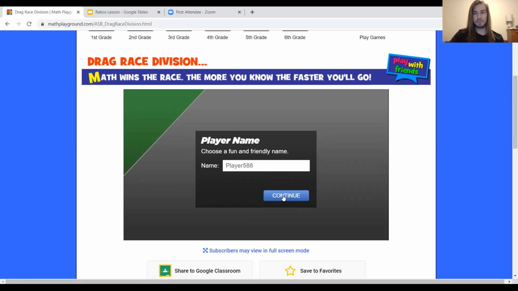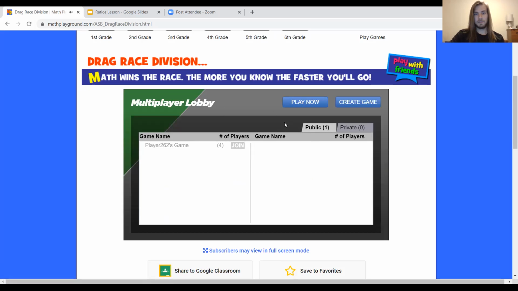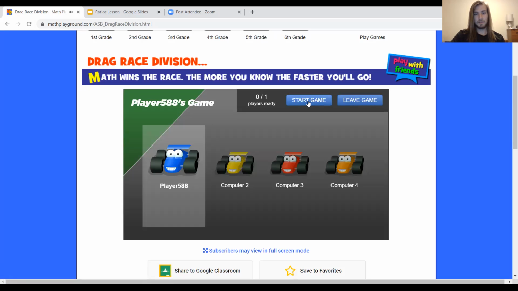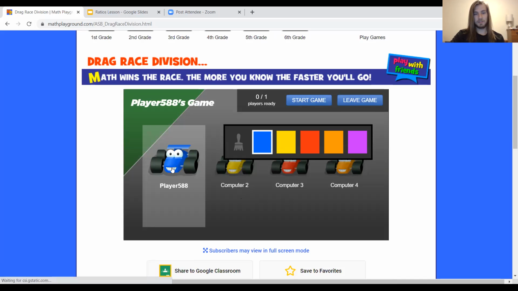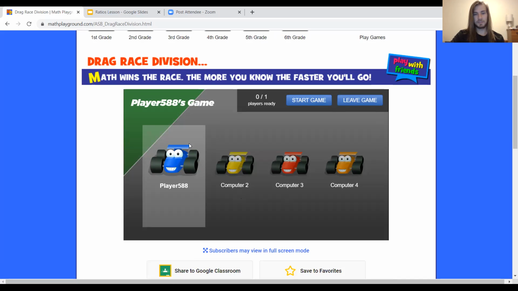What's cool about these games is that you can either do this one by yourself, or you can create a private server for you and your friends. But if you want to just do a normal game, you'll just hit play game now, and then all your opponents will just be computers. And you can change the color and all that.